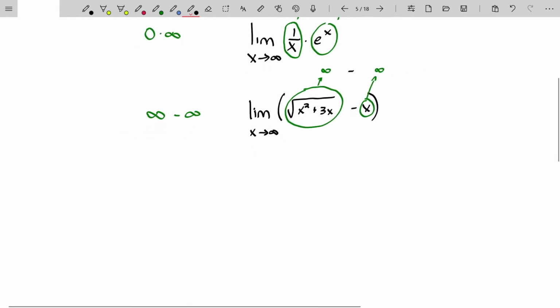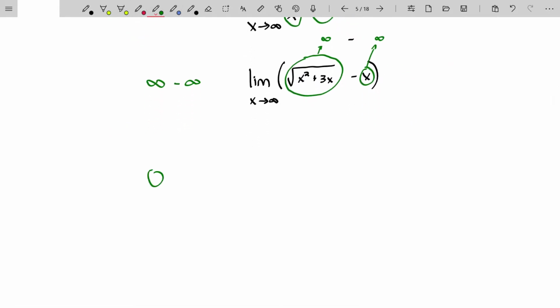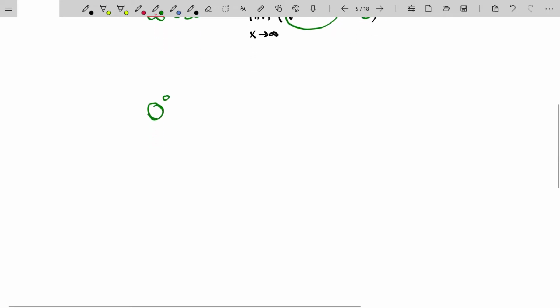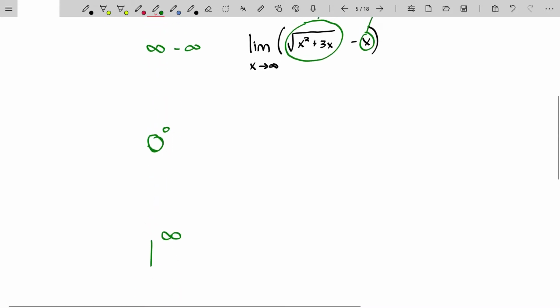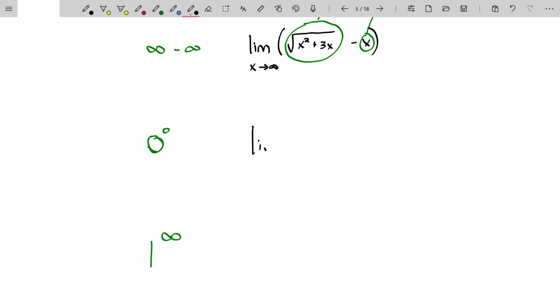The last three are functions to functional powers, I should say. So like 0 to the 0th, and 1 to the infinite, and infinity to the 0th. And these are pretty okay to make up. Let's go ahead and do this. Let's have x approach infinity.